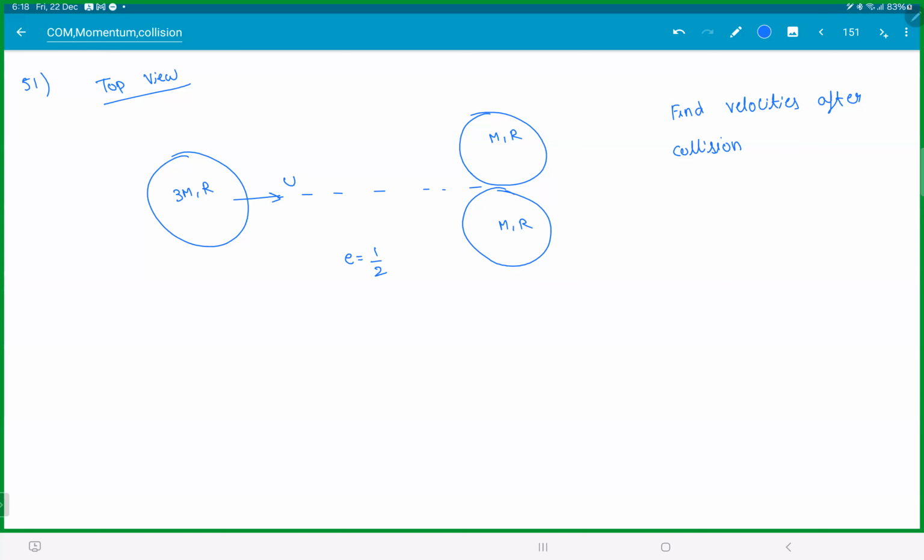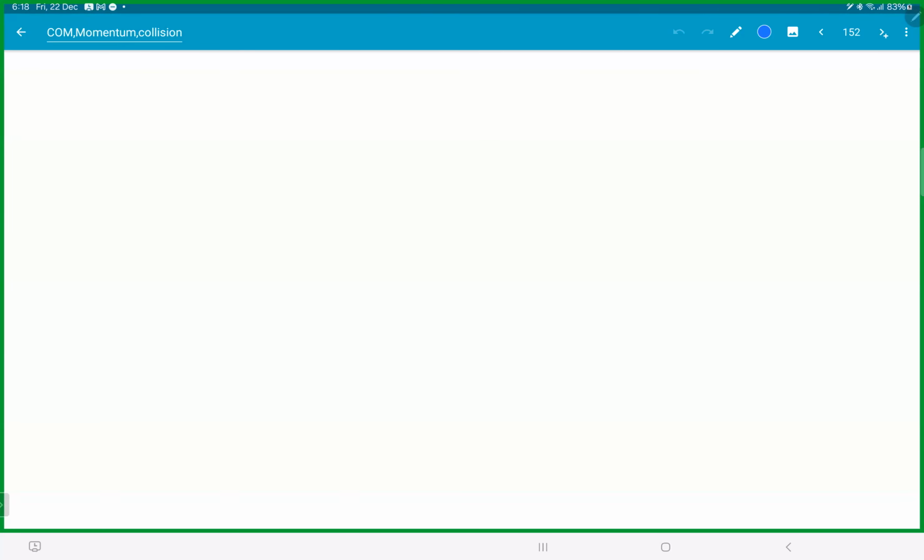Okay, we have some velocities: minus 2 by 3u, 3 by 2u. Okay, let's see. I keep saying every time, whenever you see collisions, the first thing is to always draw the final diagram. When you join them here, since all have the same radius, they'll form an equilateral triangle.